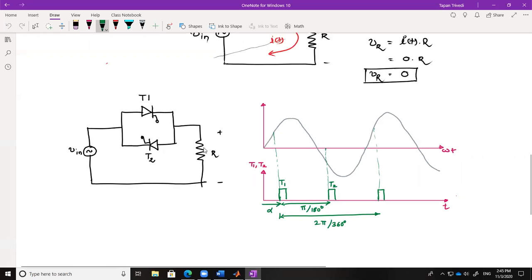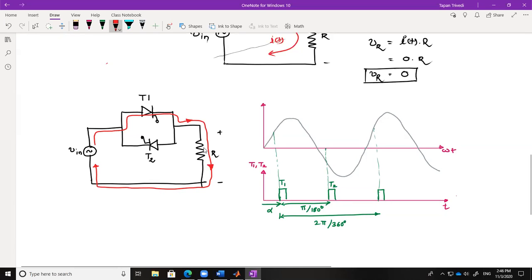Now whenever T1 conducts, the current will flow from T1 through the R in this direction. Okay. So the direction will be like this, which is shown by the arrow.